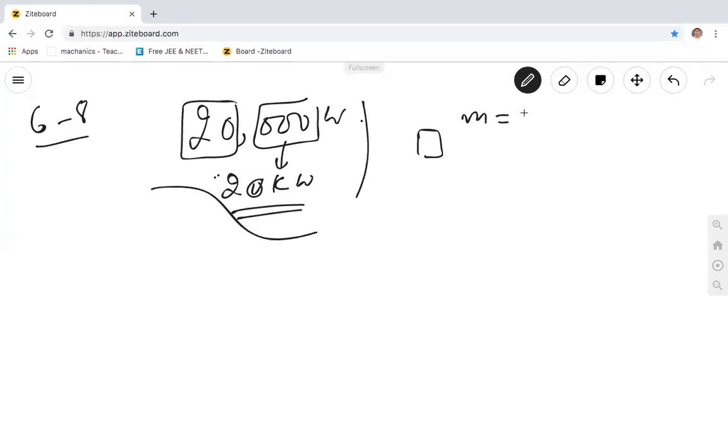Mass is 10 kg, and its initial velocity is 4 meters per second towards north. What is its kinetic energy? इसका kinetic energy निकालना है. What would happen to the kinetic energy if the speed of the object is doubled?